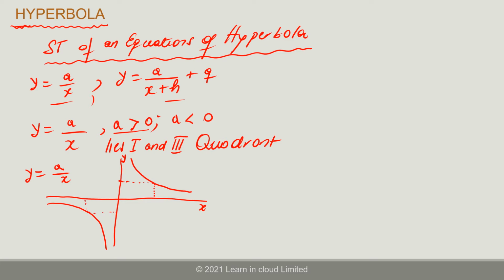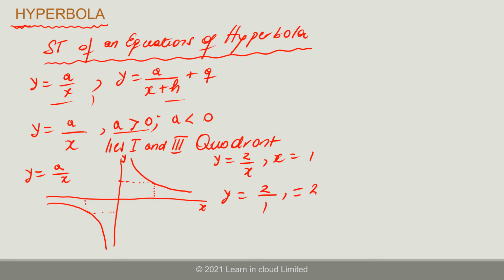So we're going to try to do a quick example. Let's say y equals 2 over x. Let's assume that our x value equals 1. Therefore y equals 2 over 1, therefore our y equals 2.